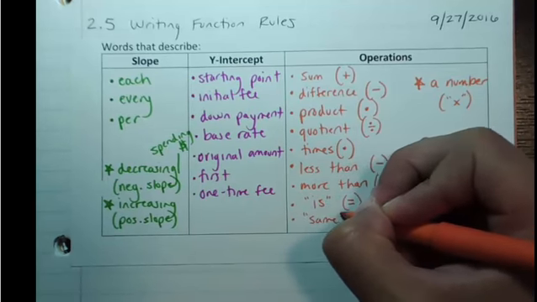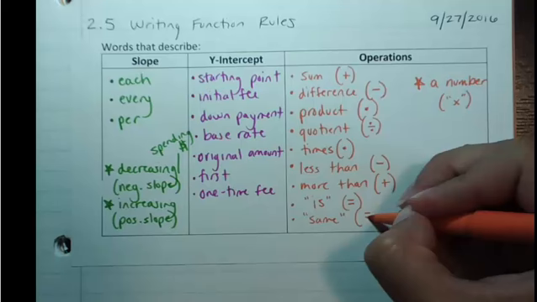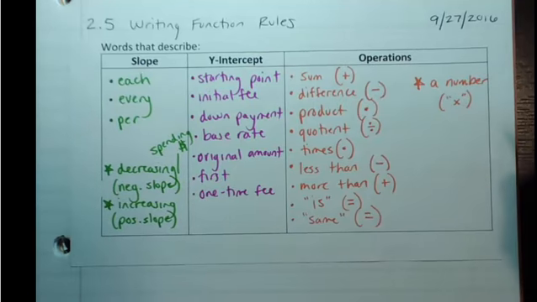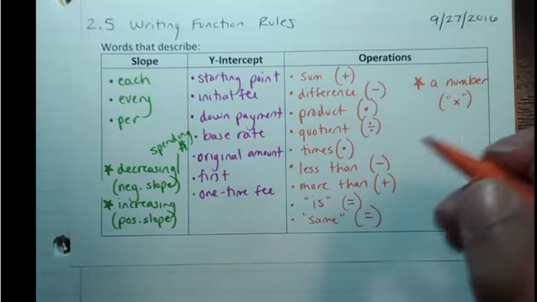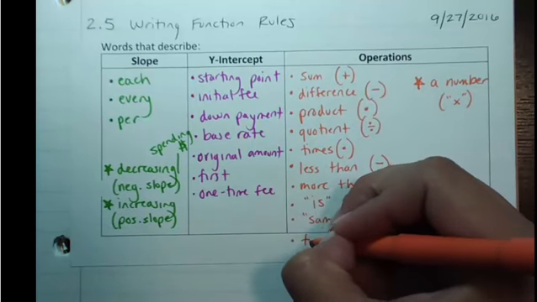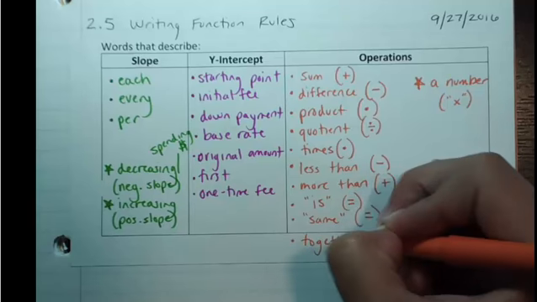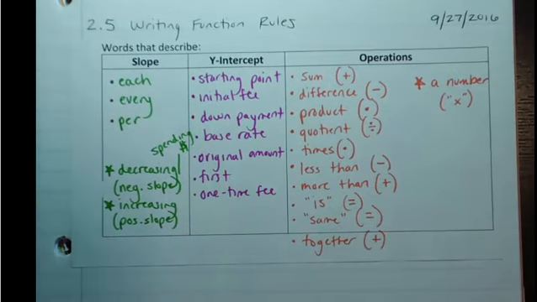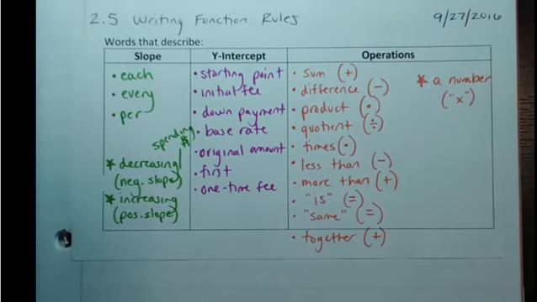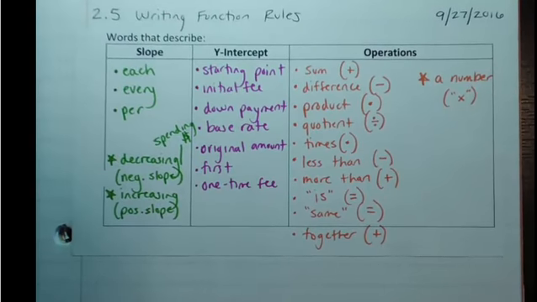When we talked about our inequalities versus equations, when they have two sides that are the same, that would be considered equal. And maybe the last one, together, is probably going to be addition. And we'll see some more that we can add on to this chart later on. But this chart's great to look at as you're working on your homework tonight and as we're working through some examples of writing function rules.